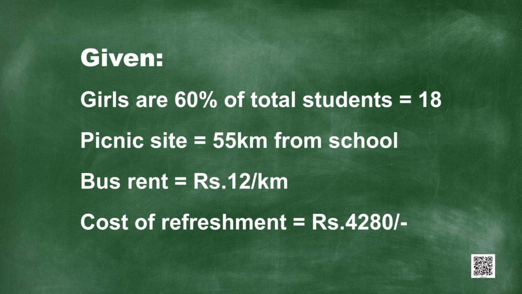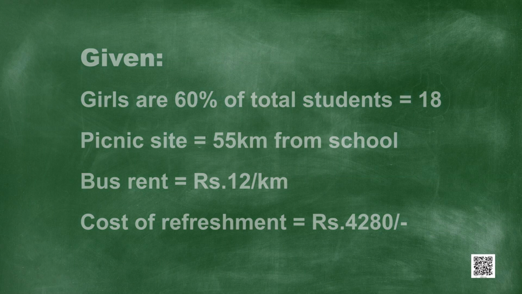So, therefore, 60% of total students is equal to 18. It is also mentioned that the picnic site is 55 kilometers away from the school. Another information given is that bus rent is charged at rupees 12 per kilometer. And finally, the cost of refreshment is rupees 4,280.